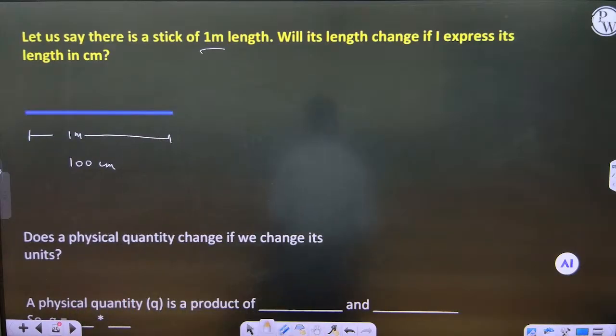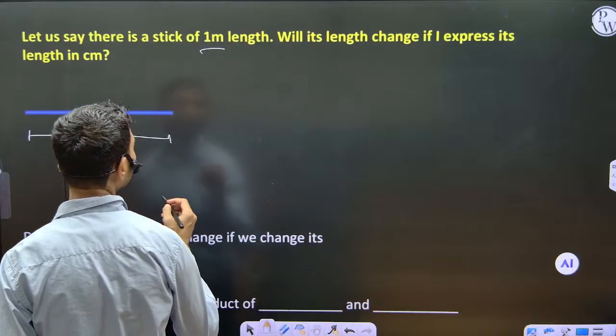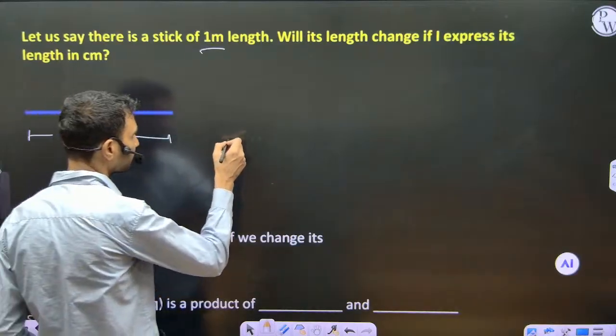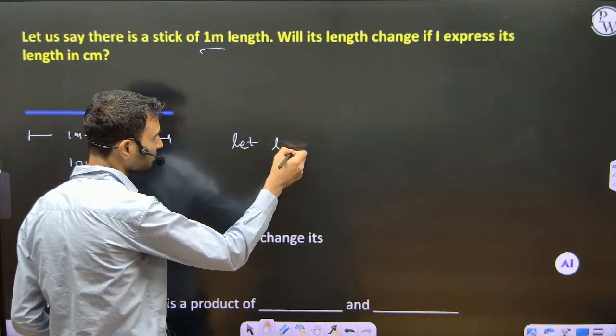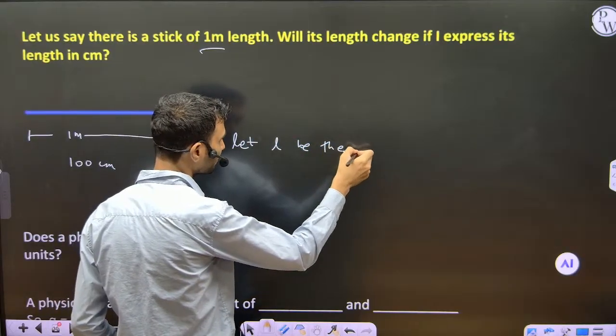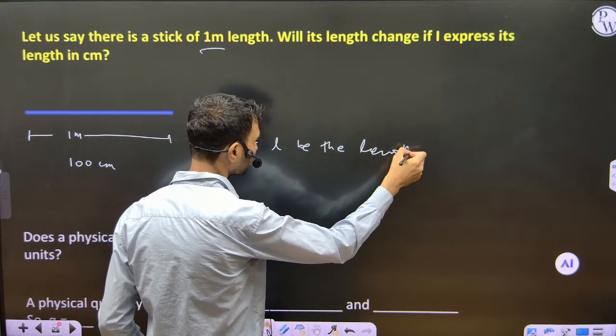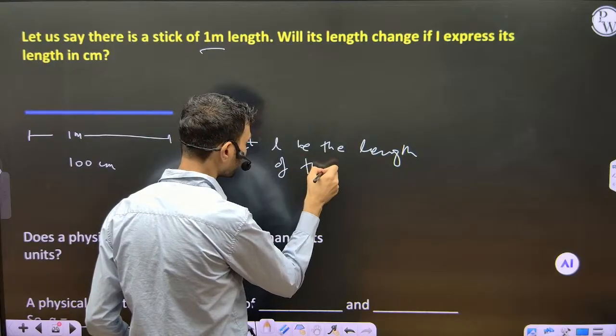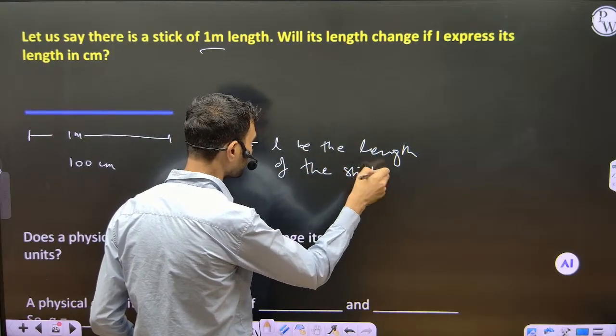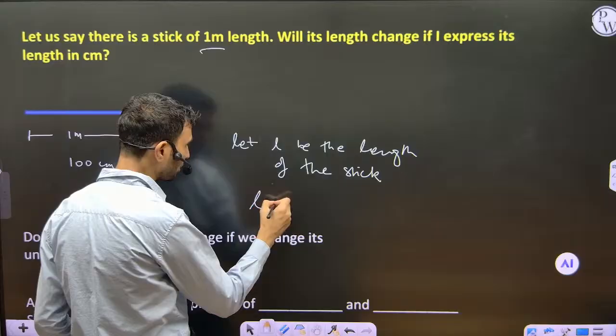Now 1 meter and 100 centimeters both represent the length of the stick, right? And let's say let L be the length of the stick. So what will L be equal to?